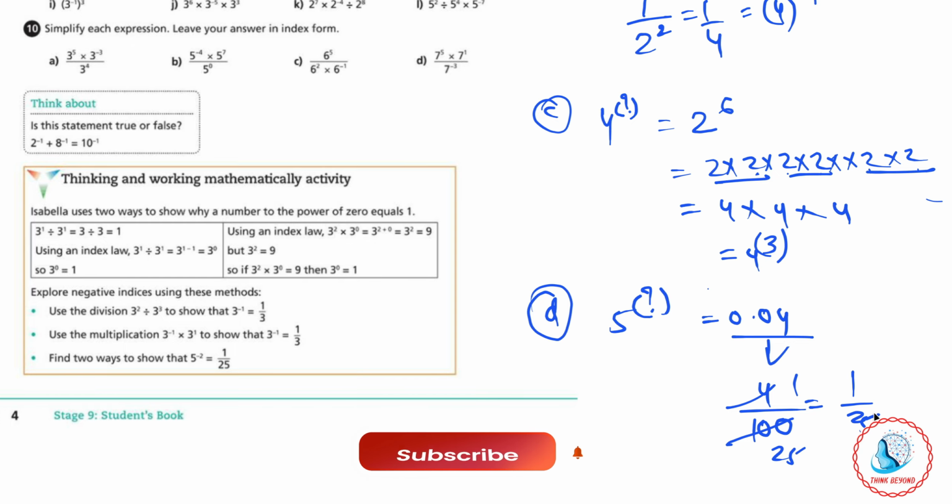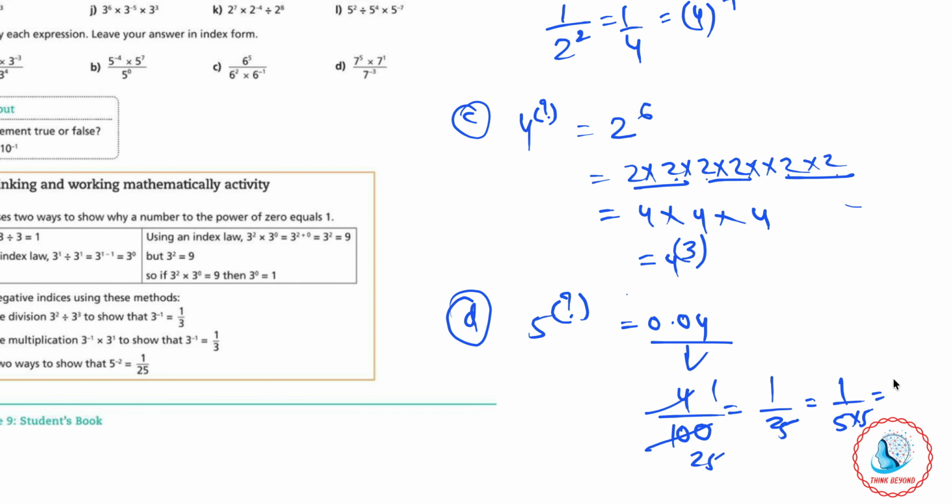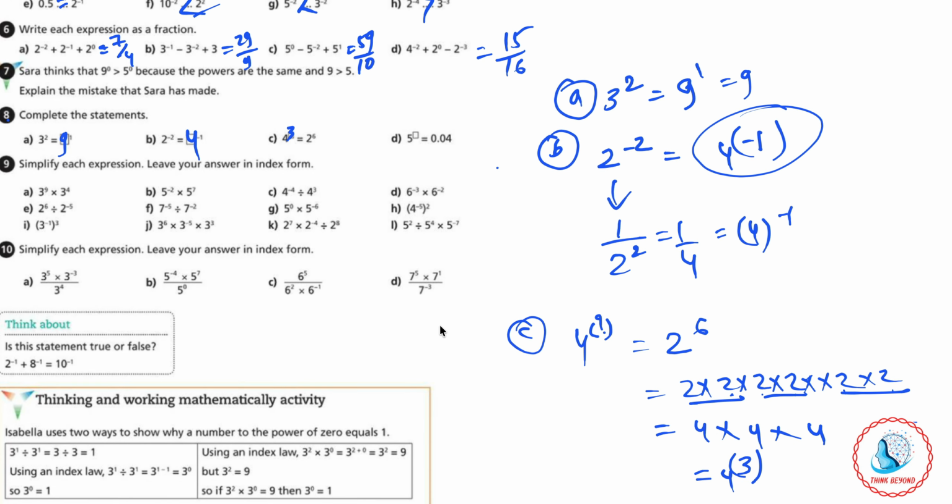And 1 over 25, how can you write? 1 over 5 times 5, which is 1 over 5 square, which is 5 raised to power minus 2. Minus 2 is our answer. So here it should be minus 2. Let me erase it.